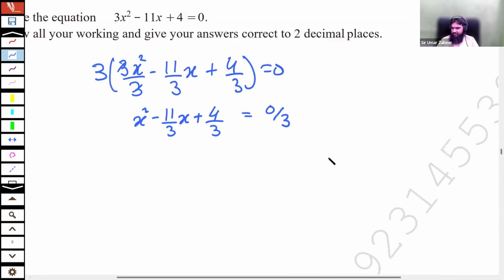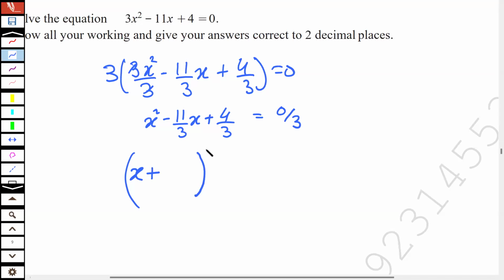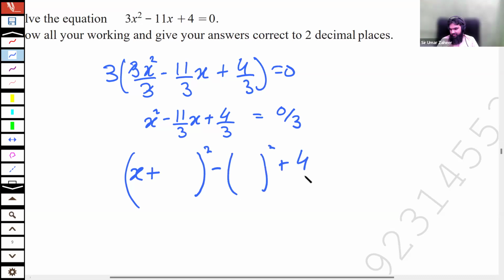Yes, Mustafa, what is the format in which we need to write? We have x plus b over 2 whole square minus b over 2 whole square.